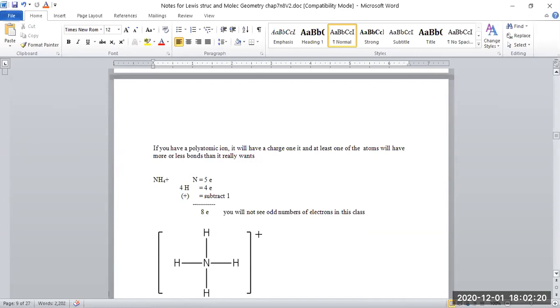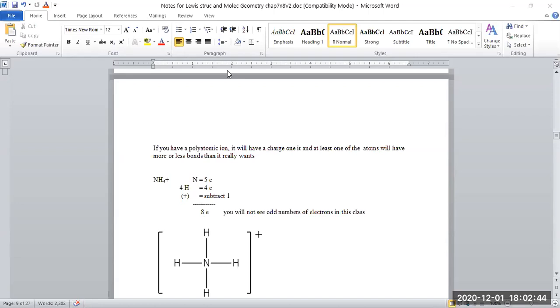So I'm going to account for why it has a positive charge. I have 1 nitrogen, 4 hydrogens, and then there's something that's missing. If you look at your nitrogen, my nitrogen has 5 electrons.